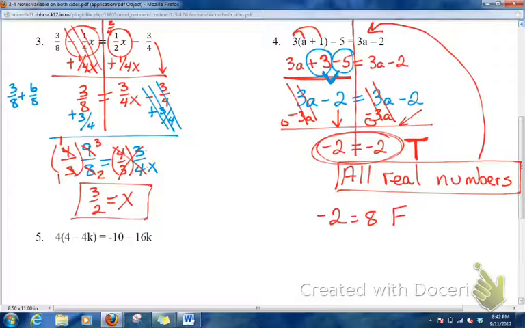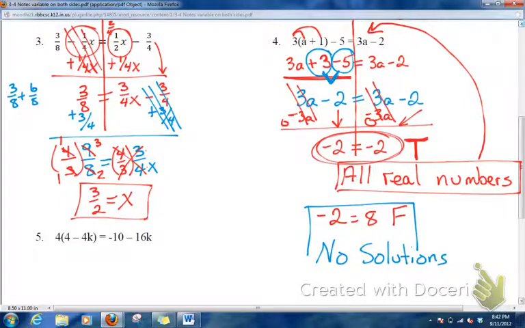Now, on the flip side of that, if you happen to do a problem and the variables cancel out on both sides, but you end up with a false statement at the end, a false statement like I've shown here, negative 2 equals 8, in that case, your answer is no solutions. Again, no solutions.